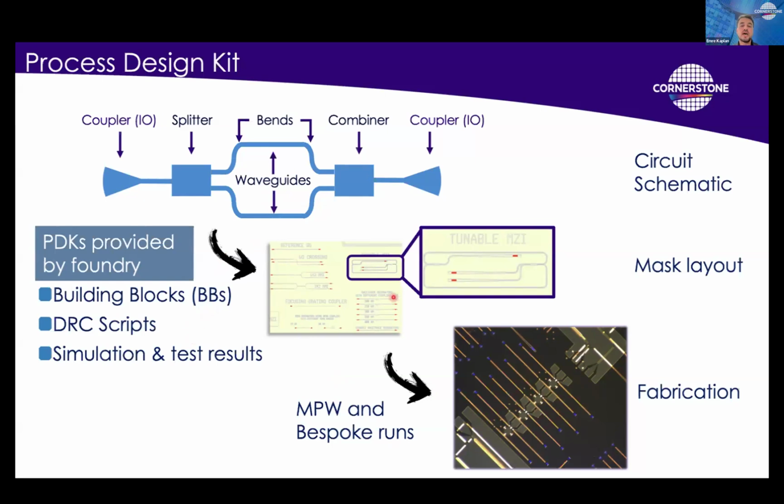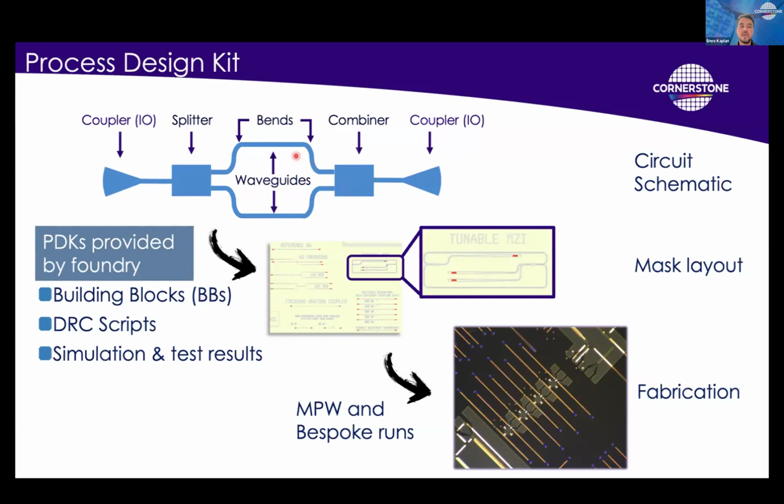Then you actually start designing your own mask layout. Here there is an example of a Mach-Zehnder interferometer. We start with the circuit schematic. This is an idea that we would like to implement, right? Then it consists of several different building blocks like couplers for light in and out, splitter and combiner, which are mostly 1x2 MMIs.